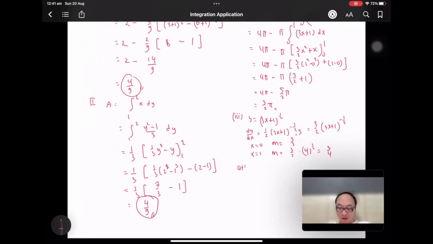So at P, the angle theta will be tangent inverse of the gradient 3 over 2. And at Q, the theta will be tangent inverse of 3 over 4.